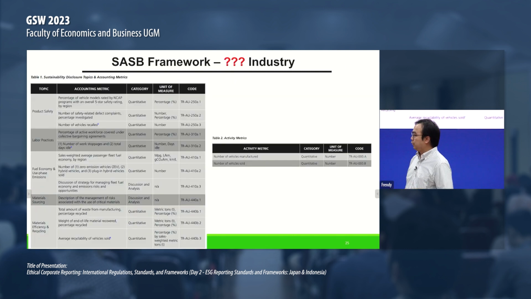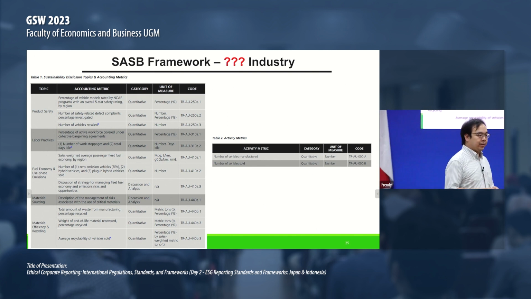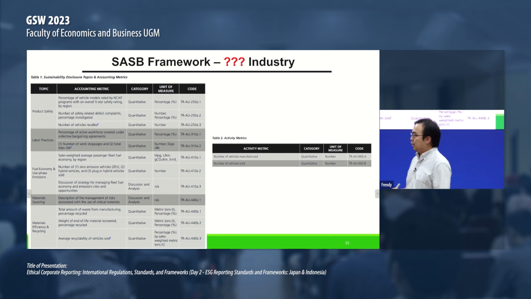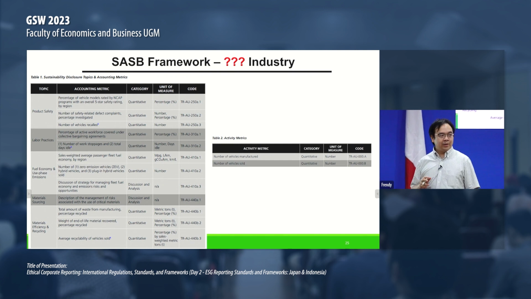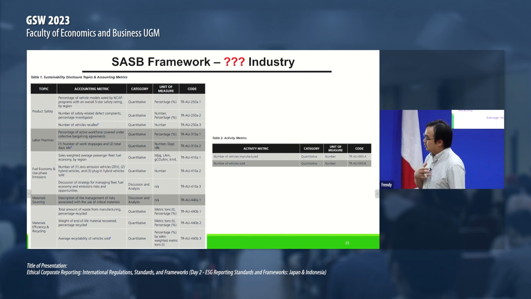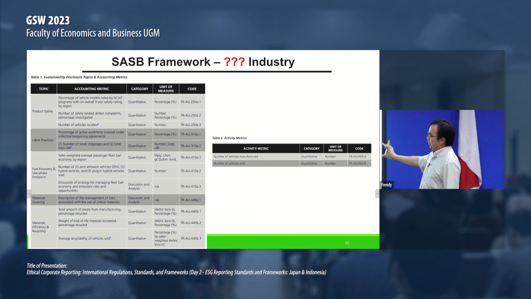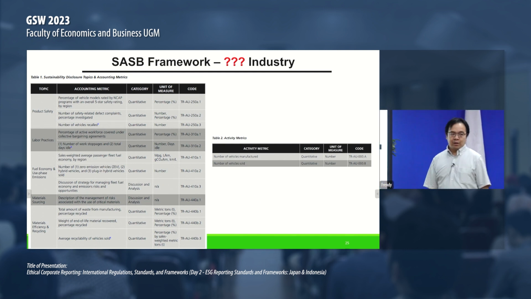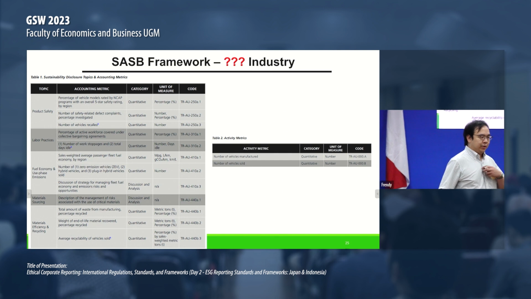So let's go through another example, okay? Here, I show you the SASB standards for a particular set of industries, okay? So I want you to read this table for a couple of minutes. We have the topic, we have the measure, the category. Here, we also have what type of activity is relevant for the industry.